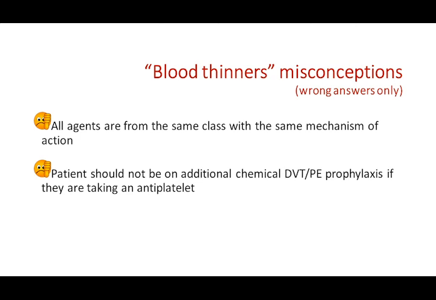So I just want to bring up the two misconceptions that all agents are from the same class with the same mechanism of action. And I've heard this before, that a patient is on Brilinta or Plavix, so the blood is already thinned and the patient should not be on additional chemical DVT or PE prophylaxis, which we'll talk about in a little bit, but it is a misconception as well.